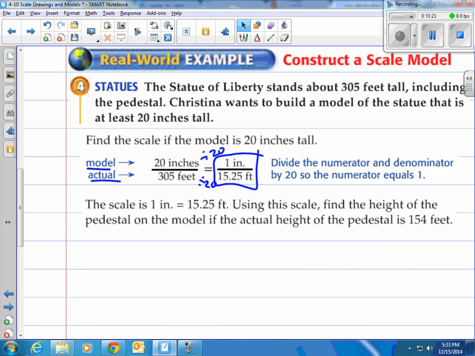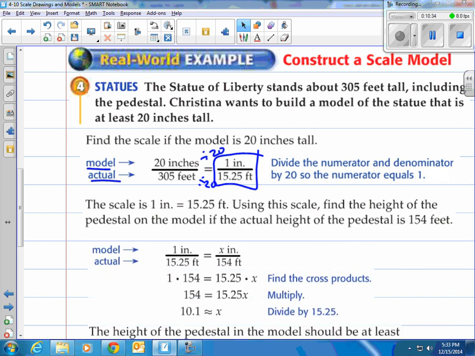Using the scale, find the height of the pedestal on the model if the actual height of the pedestal is 154 feet. All right, what do we do? Take our scale, use that right there. Then we're looking for how many inches it would be, because we already know that the actual height is 154 feet.